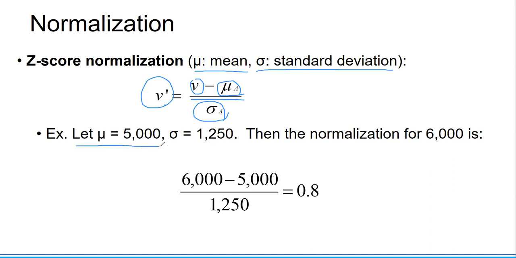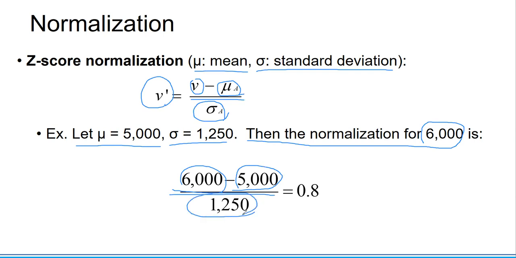Let mu equal 5,000 and tau equal 1,250. Then the normalization for value 6,000 will be 6,000 minus 5,000 divided by the standard deviation, 1,250. Then we get the value 0.8.